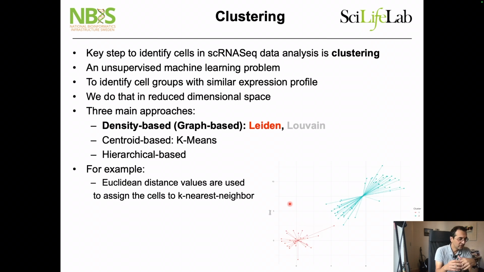This is k-nearest neighbor, and it calculates the distance between the points and then tries to see which centroid they are closer to. In k-means, for example, you decide a number of clusters beforehand. In approaches like Leiden, you do not decide the number of clusters, but you use different resolutions.